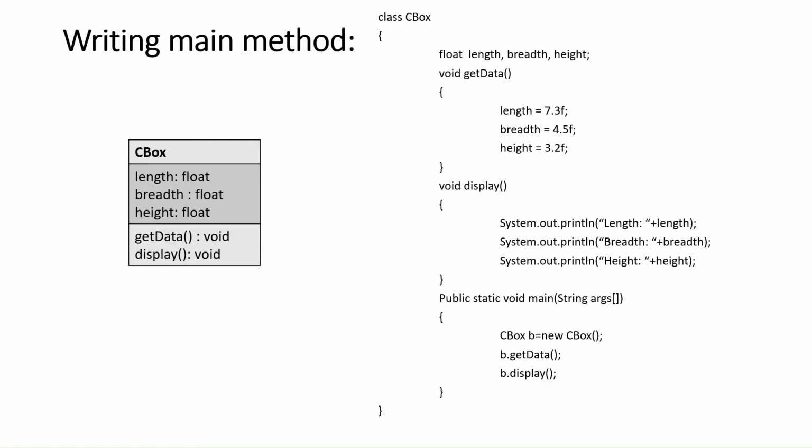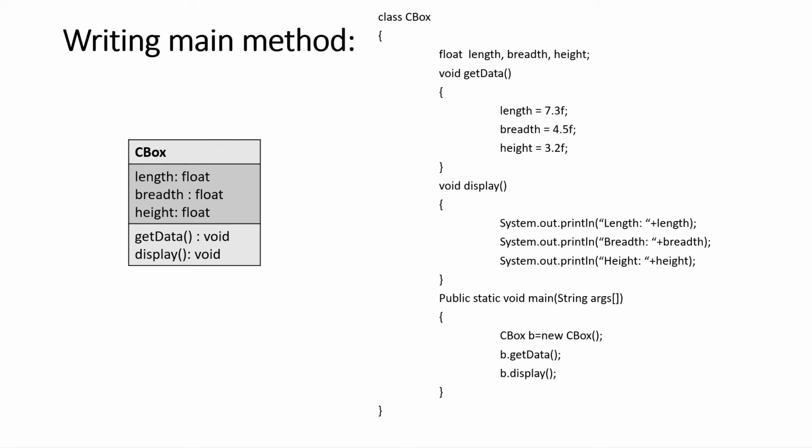So after writing the main method like this, now here I wrote the method named getData. There itself I assign the values: for length I assign 7.3, for breadth I assign 4.5 and for height I assign 3.2. There you can observe I wrote length is assigned with 7.3f. What if I wrote 7.3 and what if I wrote 7.3f?